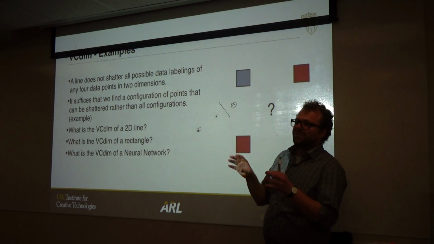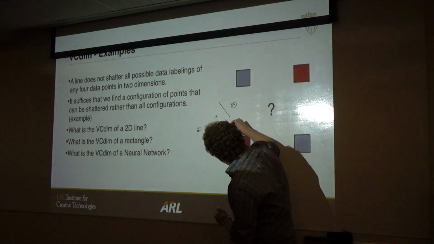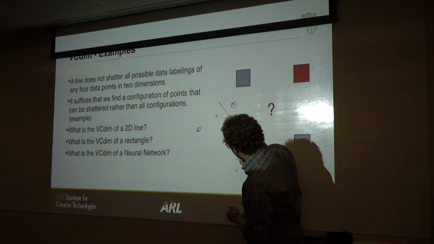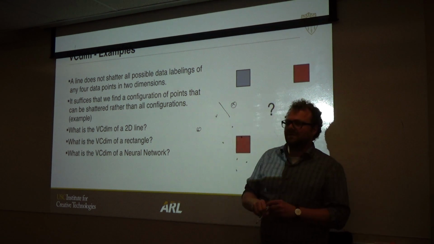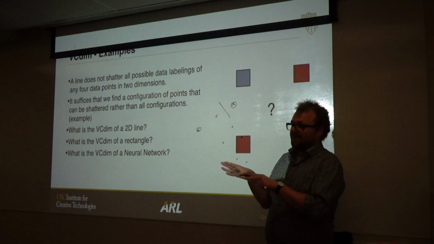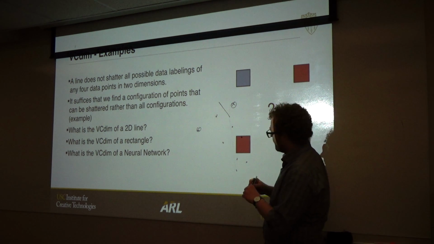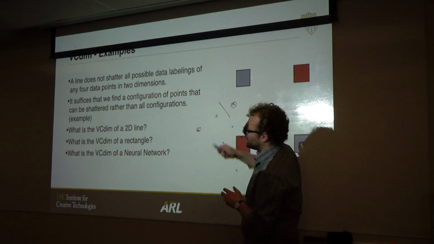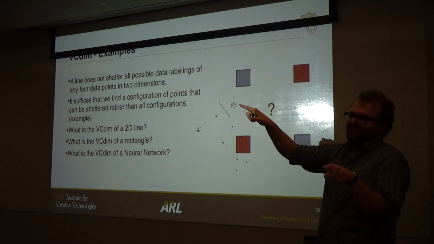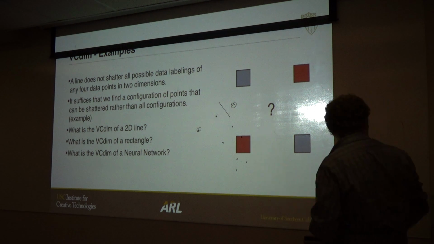So I only need to find one configuration of 3 points. So these 3 points, for example, or these 3 points. If I can find any of those, a line shatters this configuration. But I can find examples where it cannot solve it, just because it's one line. But then that also means that the problem is a one-dimensional problem and not a two-dimensional problem. Okay.